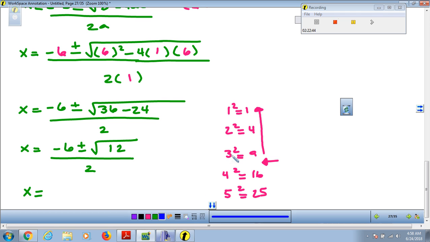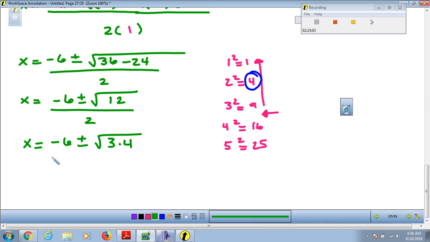Find the greatest one. It's divisible by 1, but it's also divisible by 4, and that's the greatest. It's not divisible by 9. So 12 divided by 4, and the answer is 3. So that means 3 times 4, or 4 times 3, the order doesn't matter. It's the same as 12.